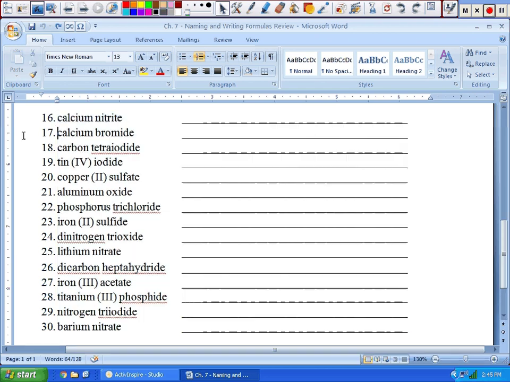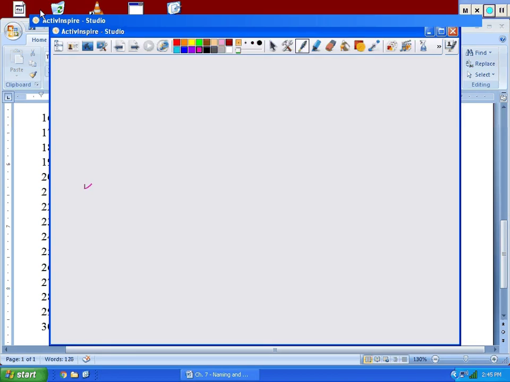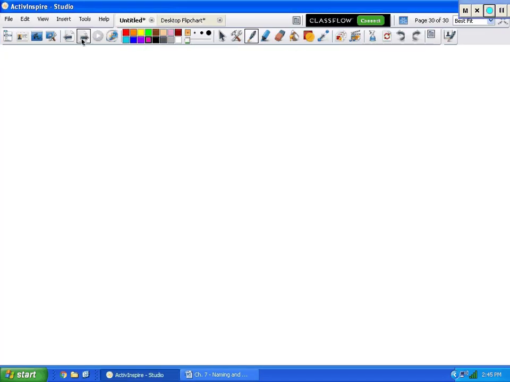So let's go through and find the ones with prefixes. So number 18, carbon tetraiodide. And I'm going to change screens, and I want to show you what some of you in this class did last time. It was carbon tetraiodide, correct? I got this for some of you. Why is that wrong? What did they do?